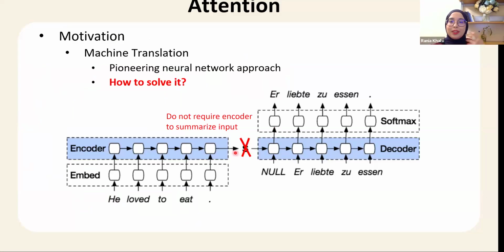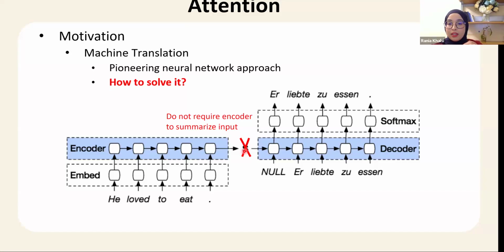In the literature, whenever a limitation appears, new methods are proposed as solutions or ways to address the problem. So if the fixed size representation is a problem, the idea behind attention was introduced as a solution.